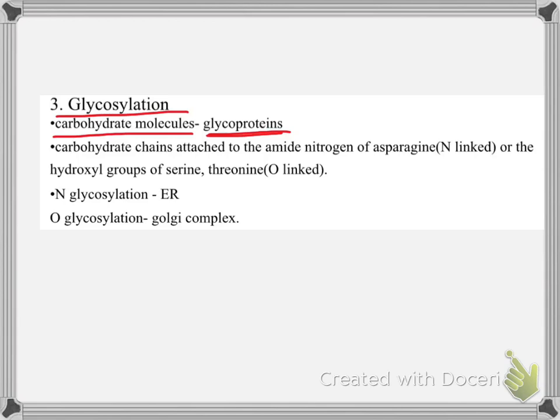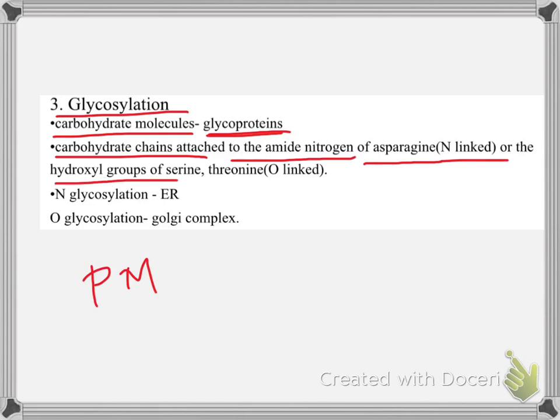Most of the proteins that are destined to become part of the plasma membrane, or to be secreted from the cell, have carbohydrate chains attached to the amide nitrogen of asparagine or the hydroxyl group of serine or threonine.